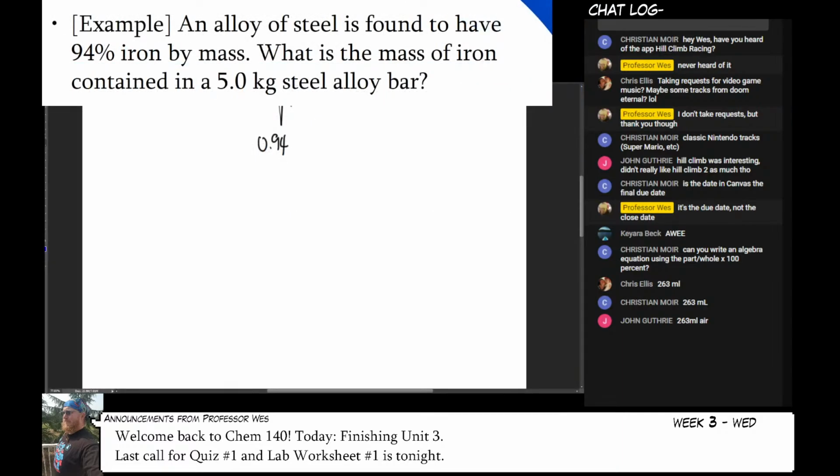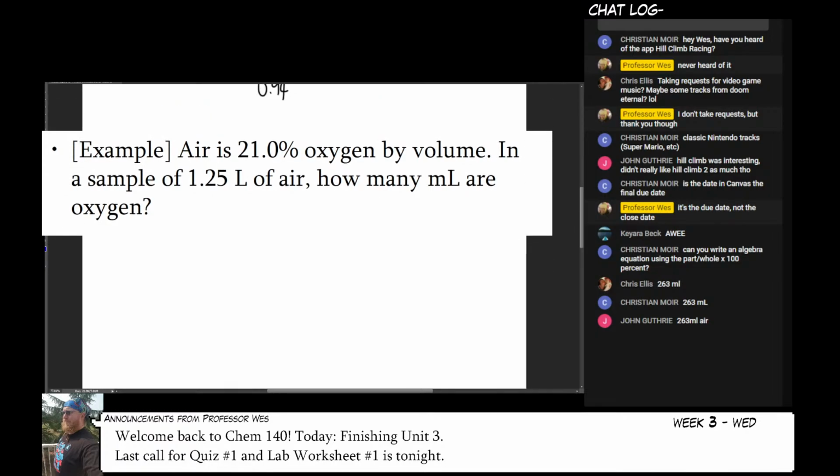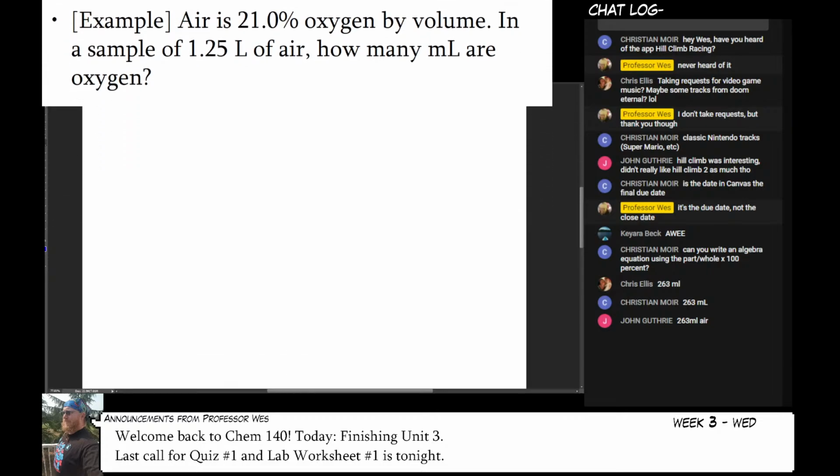All right. So we'll just get rid of that off the screen there. So in our 21% oxygen by volume sample of air, which all air is 21% oxygen by volume, to roughly that number of sig figs.